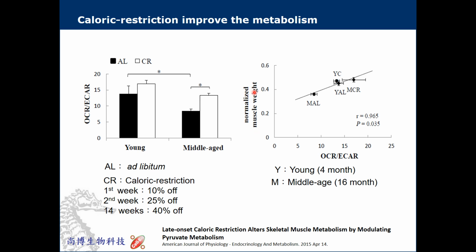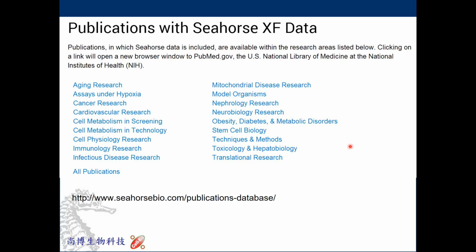You can see with middle age and normal eating, your muscle weight will get down. You will lose muscle weight, and your cell metabolism will change from mitochondria to glycolysis. Also, remember to change your eating habits as you get older.